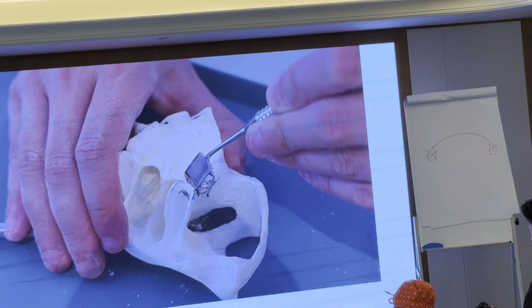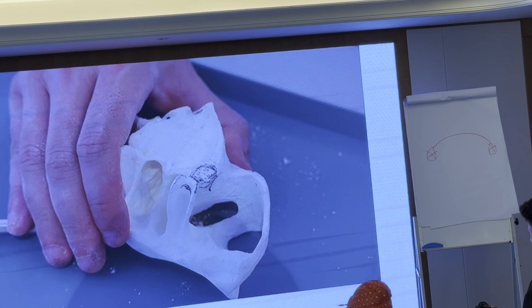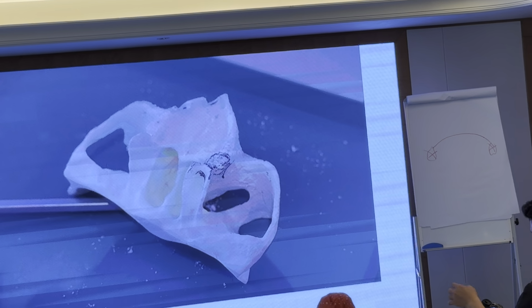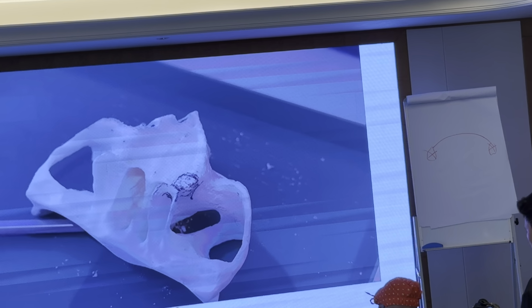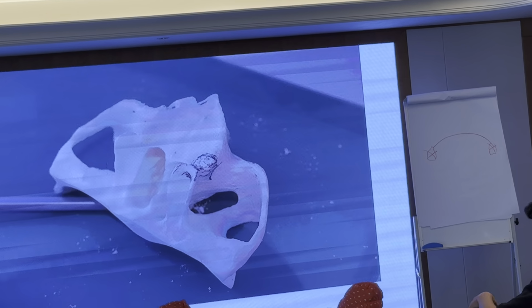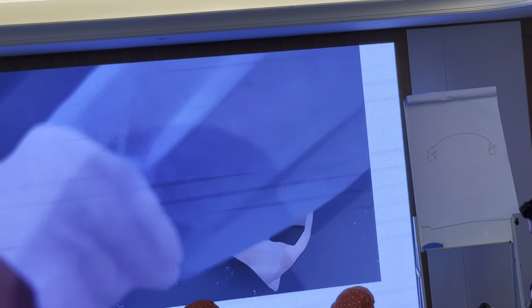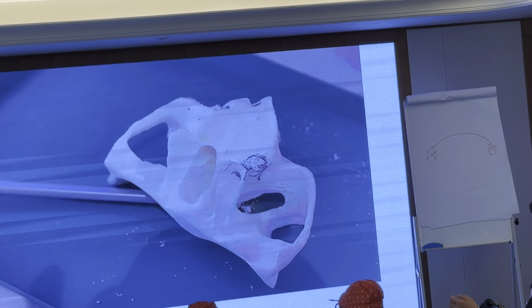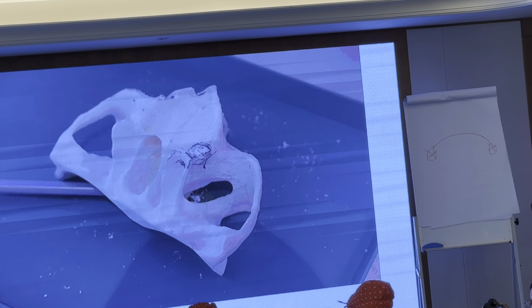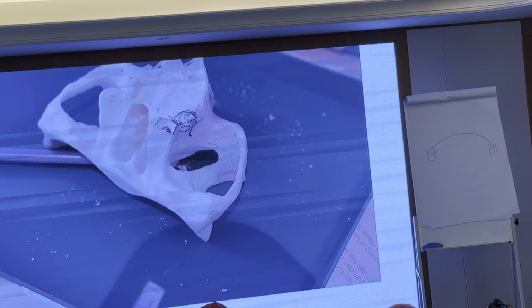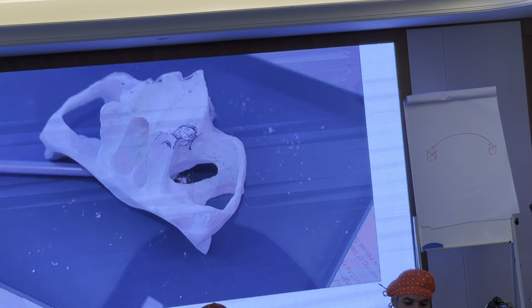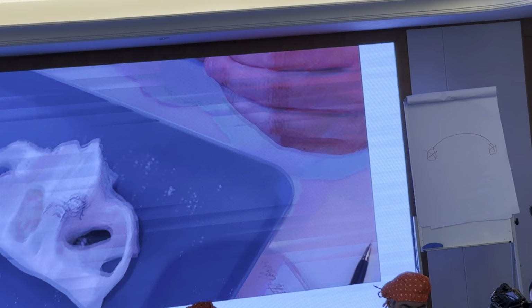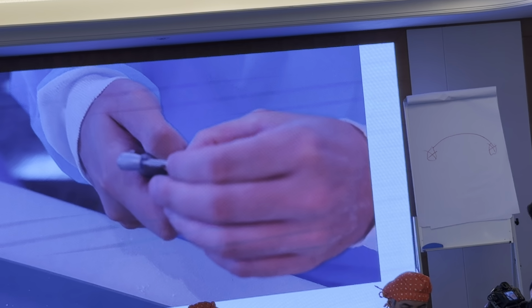Is it clear? Good. Then I take my implant handpiece. I take my pilot drill. I use the ring extension in order to work better outside the mouth.